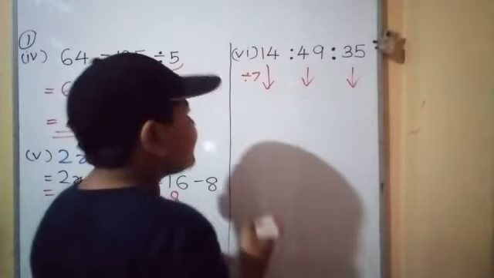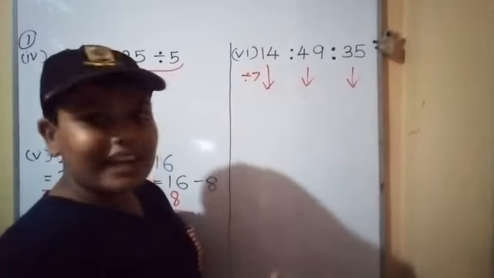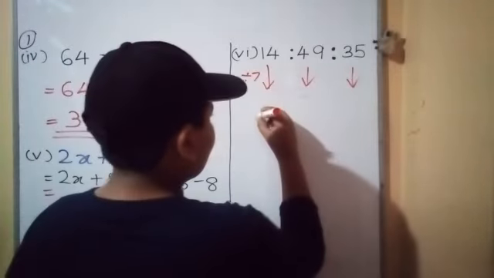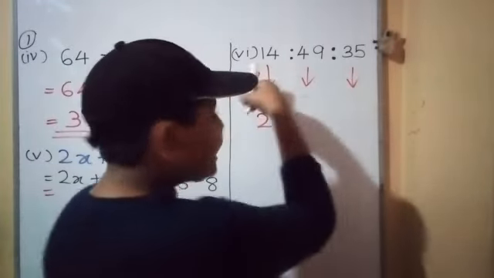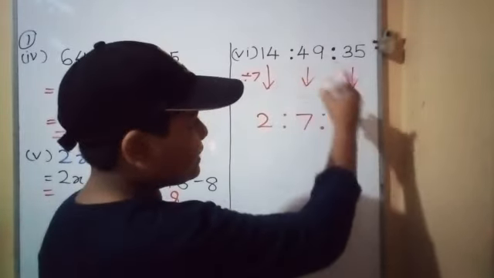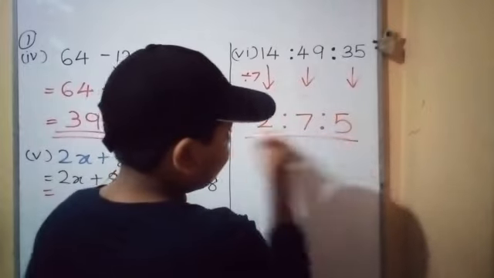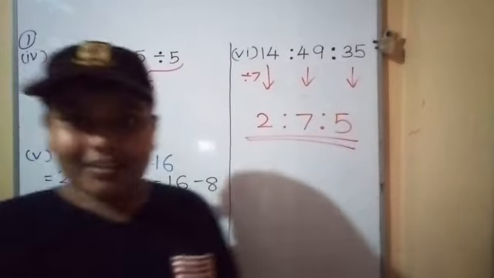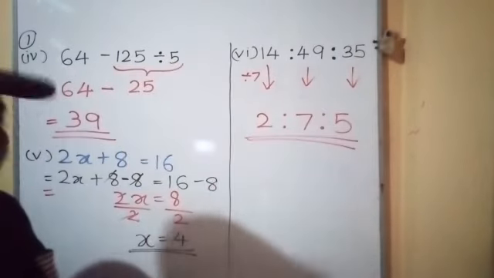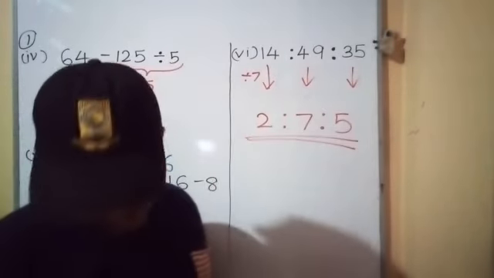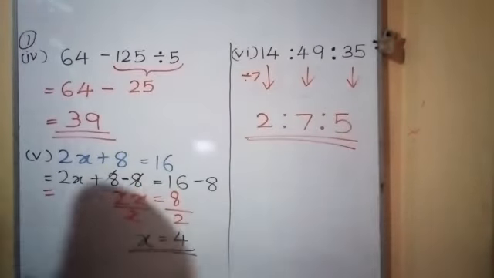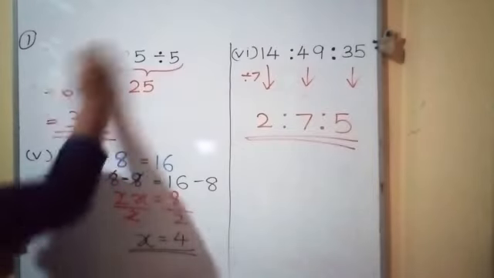Let's check that. 14 divided by 7 is 2. 49 divided by 7 is 7. 35 divided by 7 is 5. So we can divide all of them by 7.